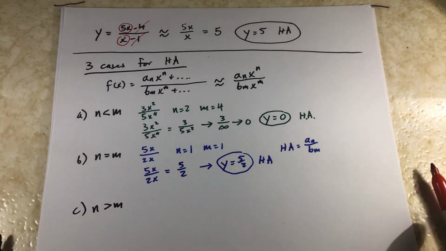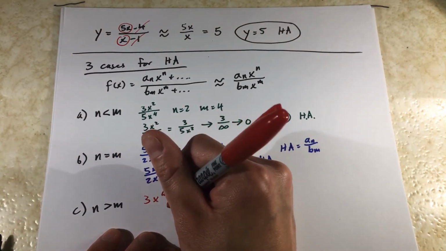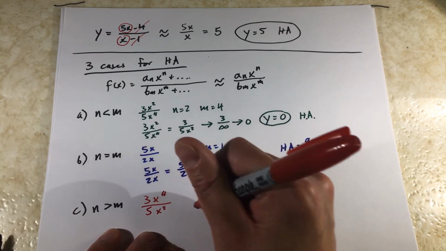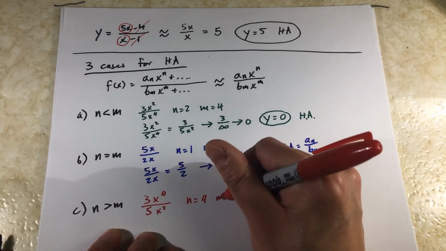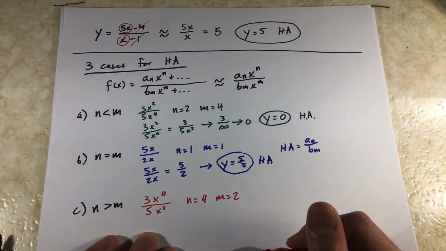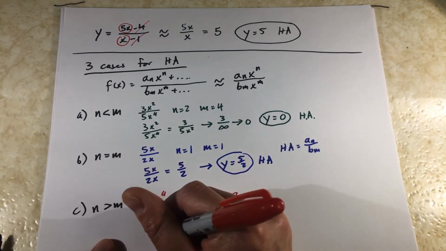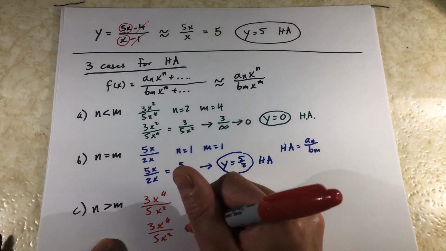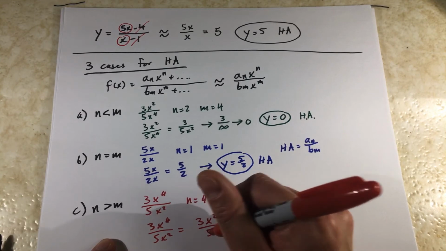So an example of this, here we'll use red, is 3x to the 4th over 5x squared. And here n is equal to 4, that's the power 4, and m is equal to 2, power 2. And if you do this, 3x to the 4 over 5x squared, this becomes 3x squared over 5.